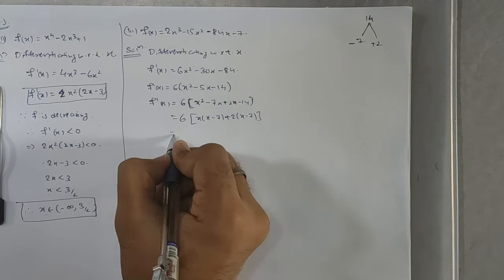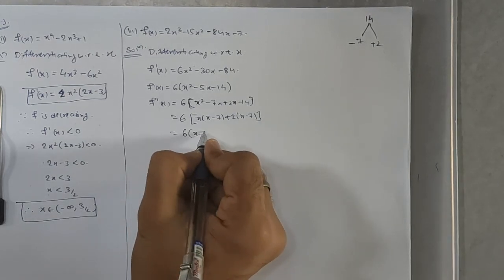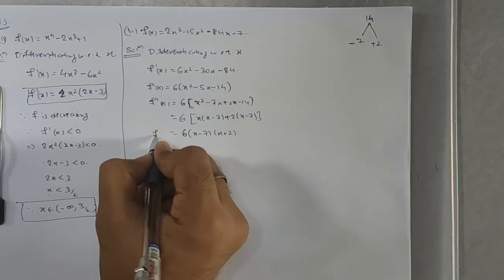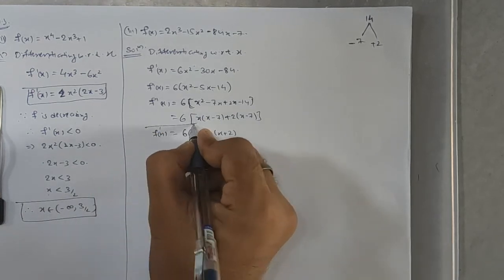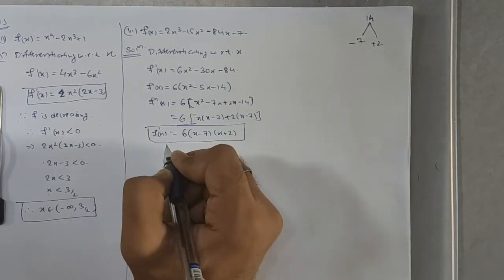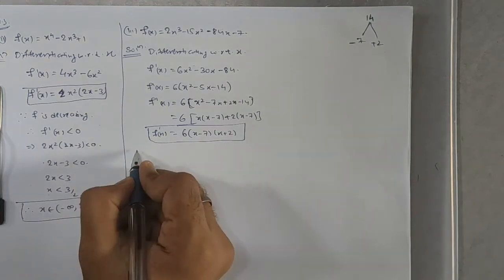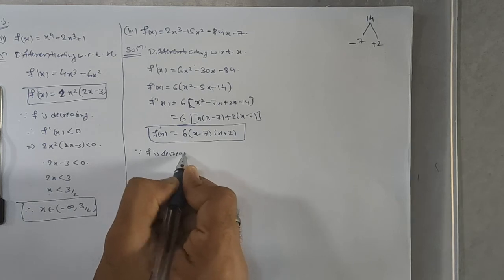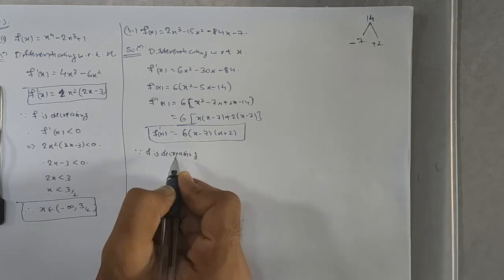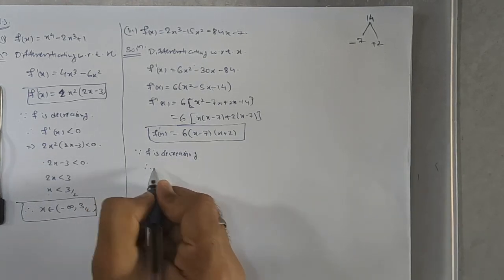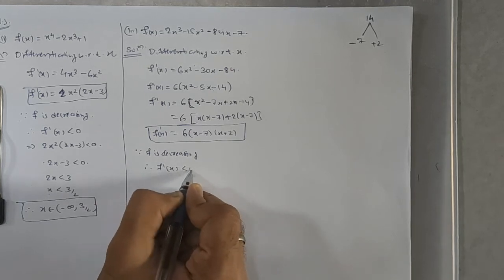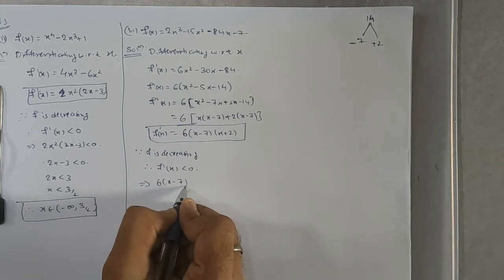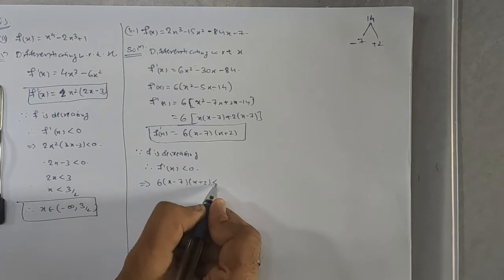Now x minus 7 is common in both, so this will be 6 into x minus 7 into x plus 2. Now since f is decreasing, therefore f dash of x is less than 0. This implies 6 into x minus 7 into x plus 2 is less than 0.